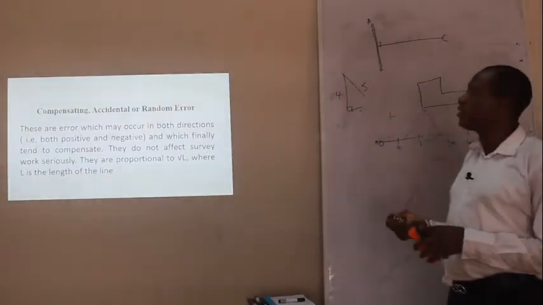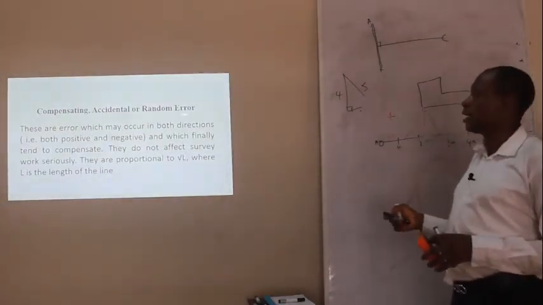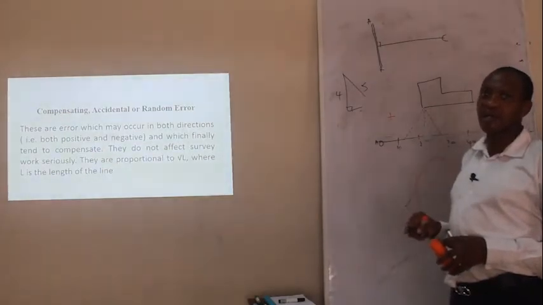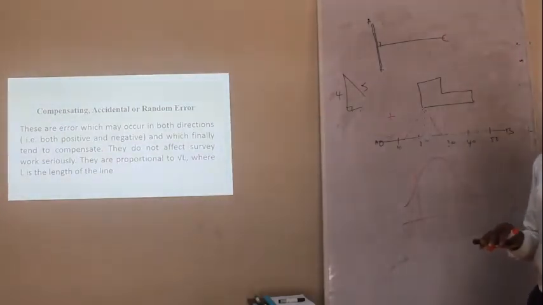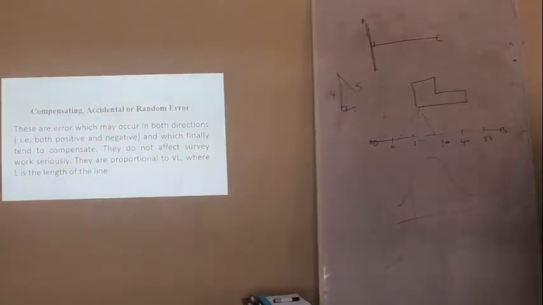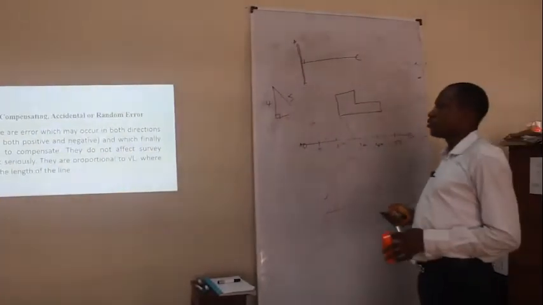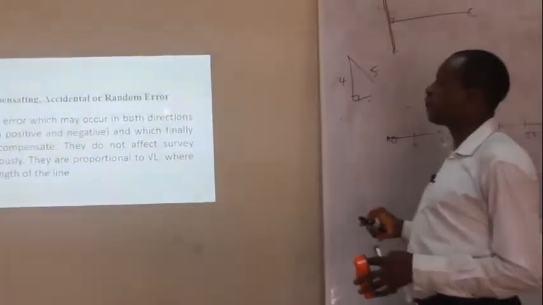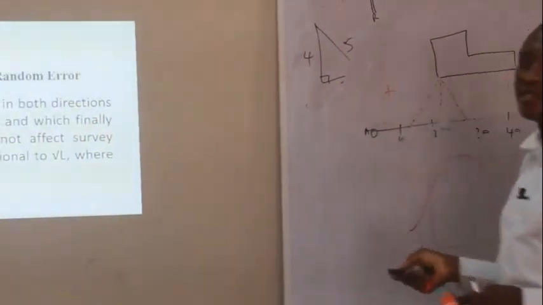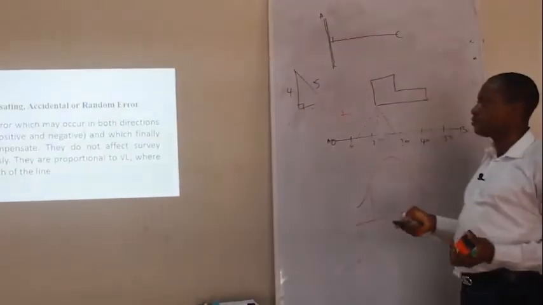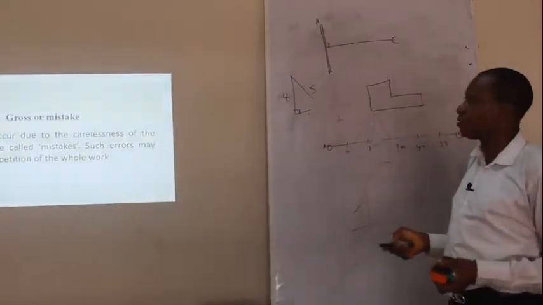What we adjust, we can only adjust random errors, not systematic error. If you are going to adjust systematic error, there are other approaches, but it's not the major thing we do in surveying. But mainly we focus on random error. So these ones will either be positive and negative. So you cannot do without them.